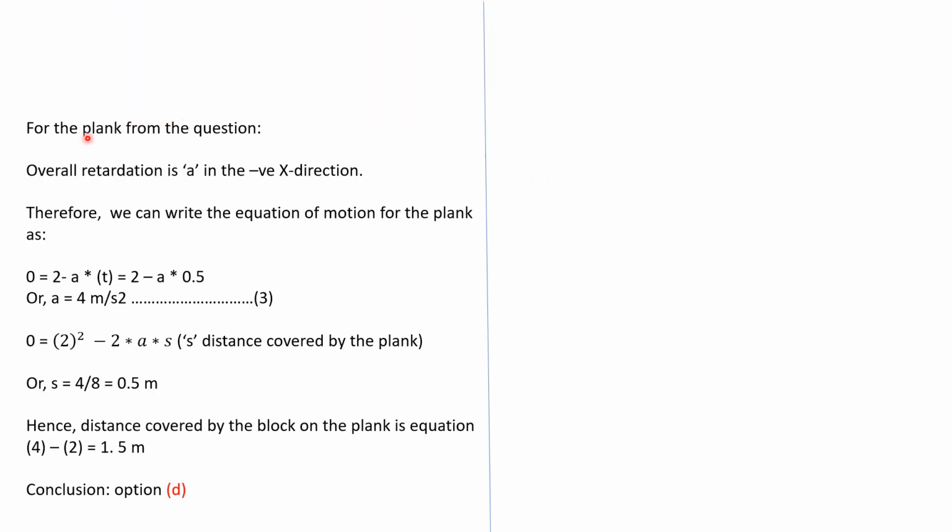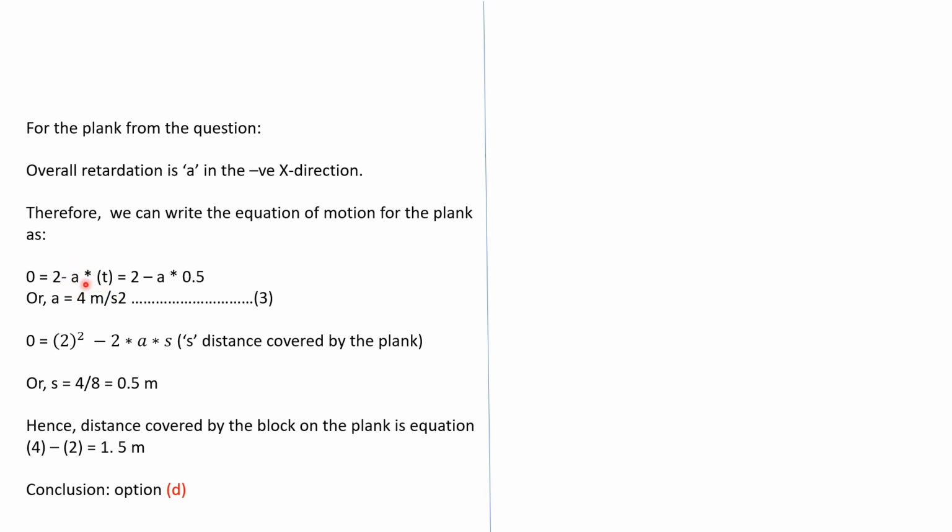But during this period, the plank also has moved in the forward direction because it is retarding with retardation of magnitude A in the negative x direction, right? So if we write the equation of motion for the plank, we can write final velocity is equal to initial velocity minus A into t.